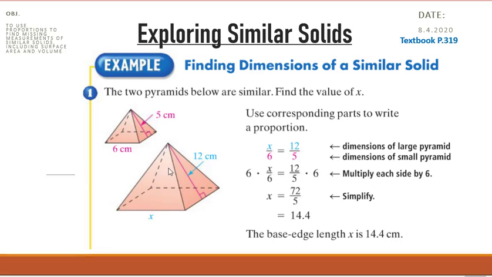So we're going to write the proportion x over 6 equals 12 over 5, and after that find x: multiply 5 and x, and multiply 6 and 12, then divide by 5, or do it as here, multiply by 6 first to remove the 6, and you will find x.